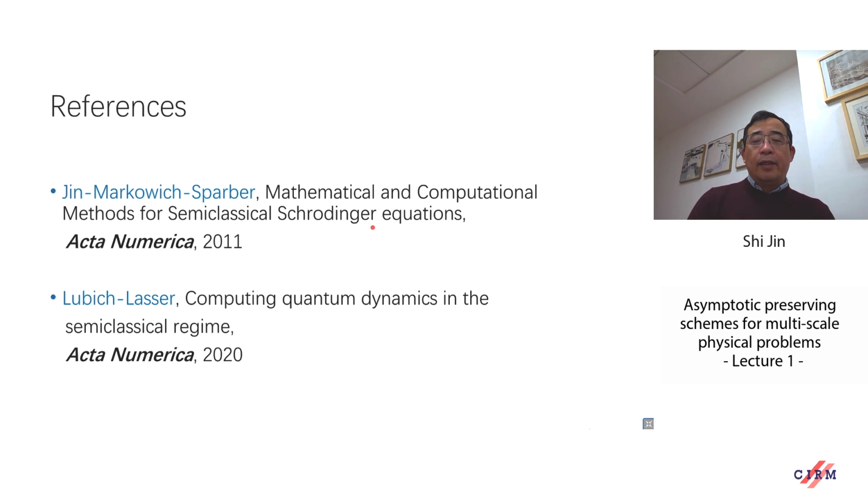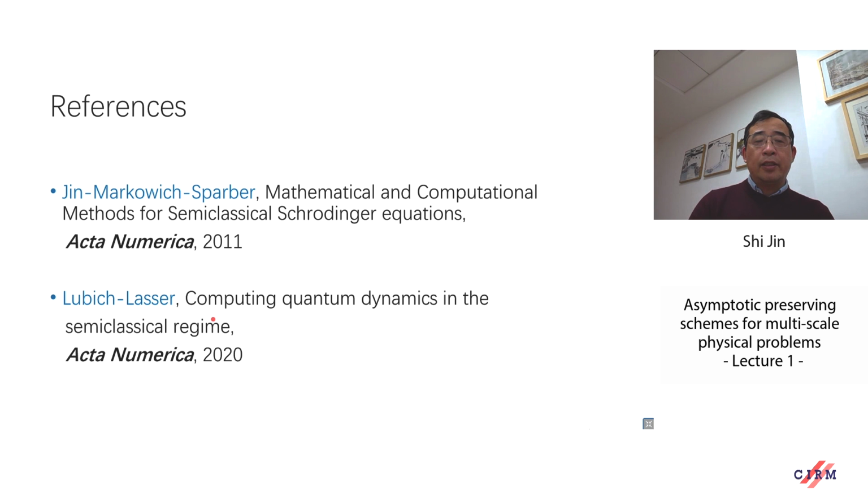All right. So that's what I want to say about this transition from Schrodinger to classical. If you are interested in this topic, there are two references, both in Acta Numerica. One is about 10 years ago. It's a rather comprehensive review of all these semi-classical methods, written by myself with Markowich and Christof Sparber.